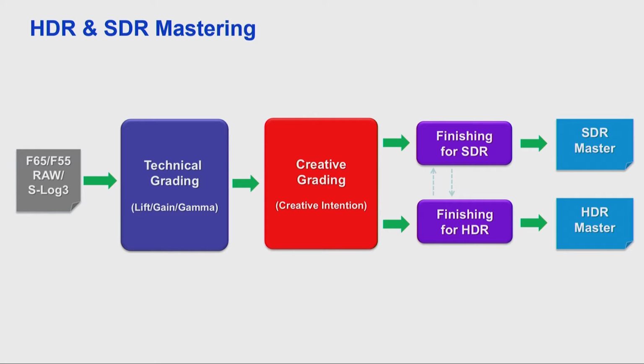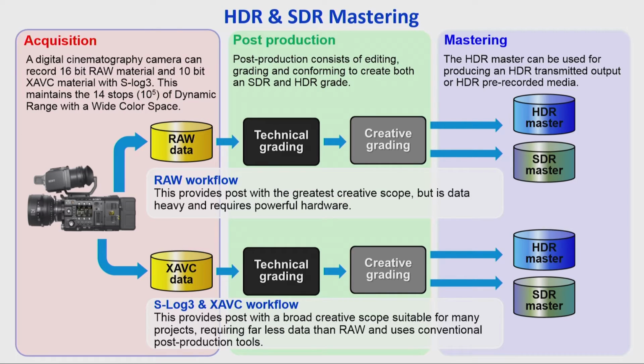So at its most basic, we've got two flavors that we use on this, and one of them is working with RAW. Working with 4K RAW data, it's an enormous amount of data. 24 frames per second of 4K RAW starts adding up very, very quickly.